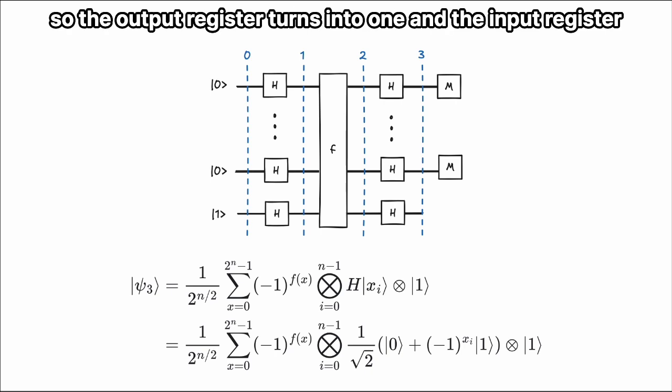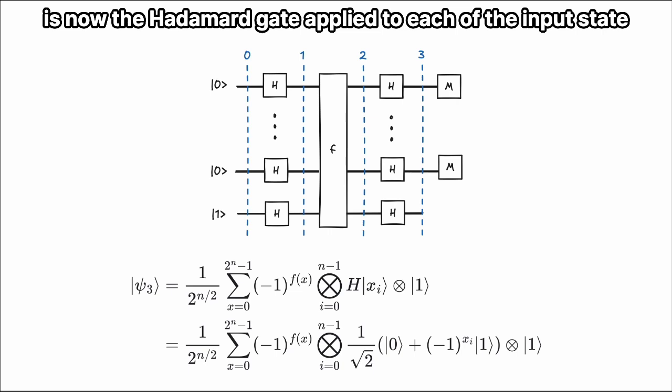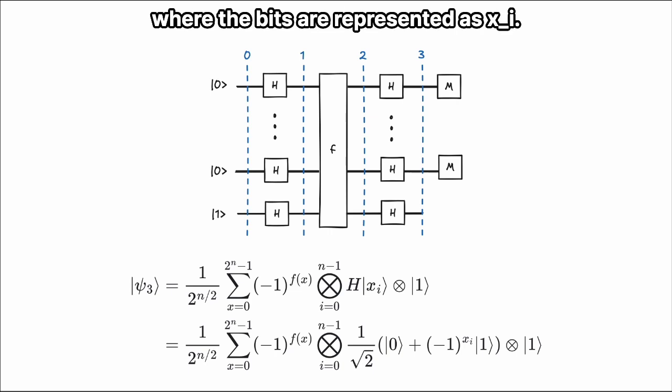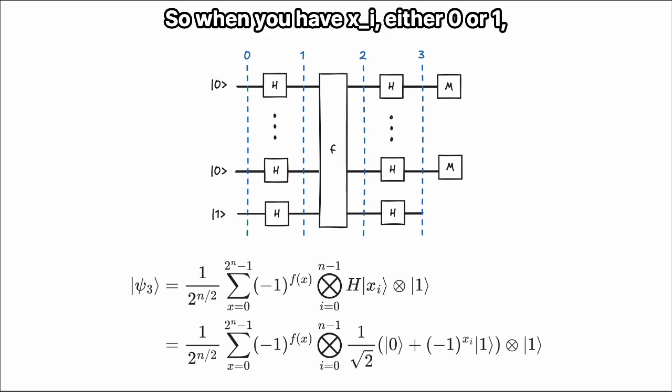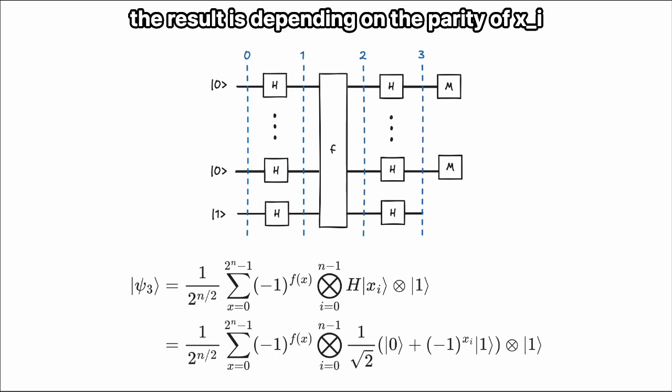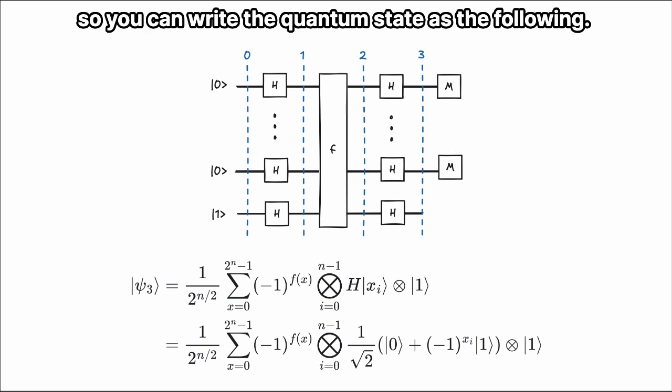So the output register turns into 1 and the input register is now the Hadamard gate applied to each of the input states where the bits are represented as xi. When you have xi either 0 or 1, the result depends on the parity of xi, so you can write the quantum state as the following.